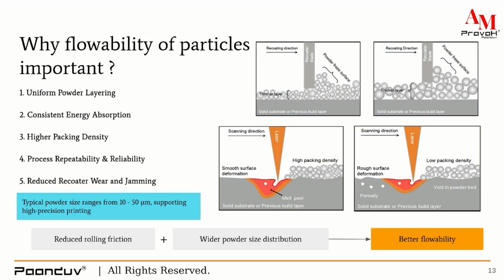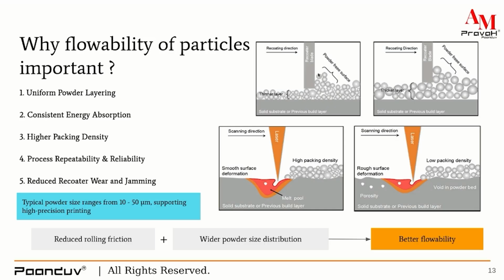This will also ensure process repeatability and reliability. It will also reduce the recoater wear and jamming, which is a crucial problem when you use the machine for a very long time. These problems occur. And the typical sizes of particles in the LPBF process range from 10 to 50 micrometer. These ranges can also vary depending upon what process you are using for particle manufacturing. But these ranges will help you get high precision printing.